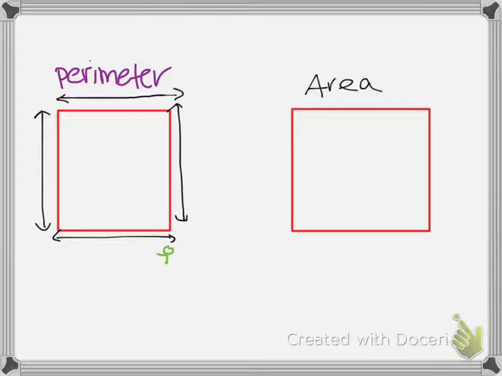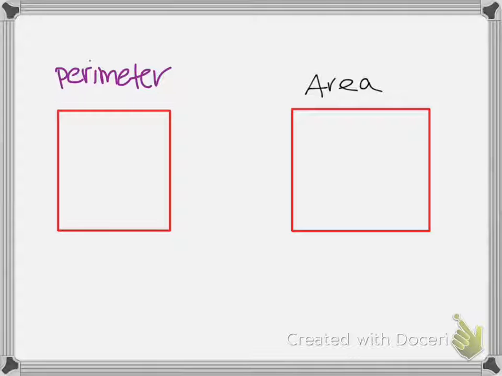Let me erase all the zombies. We are adding the outside. Okay, the perimeter. So if I have 6 here, and if I have, let's say, 8 for this rectangle, I know that I'm going to add all the sides.